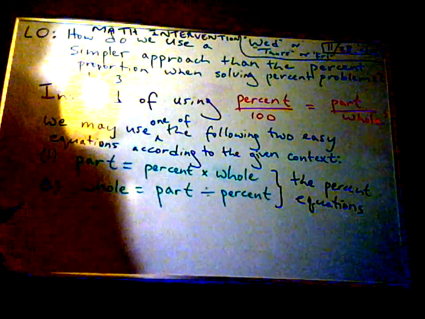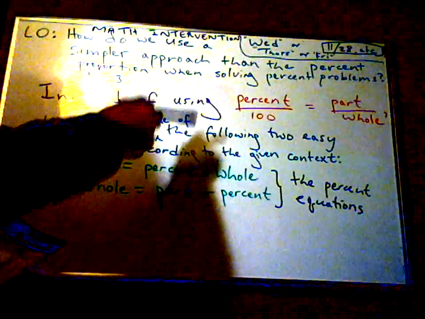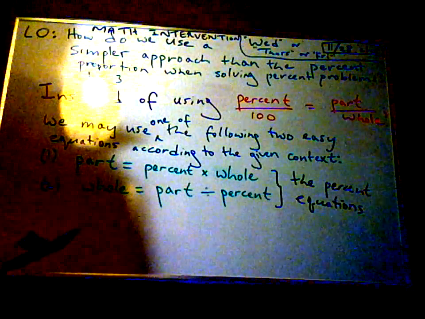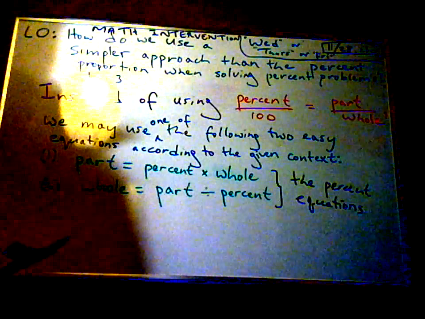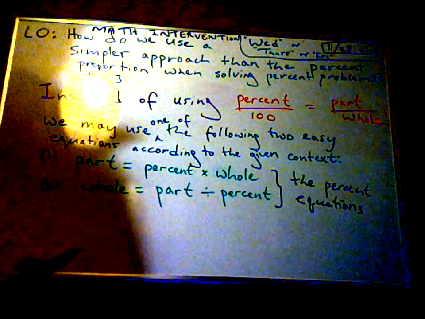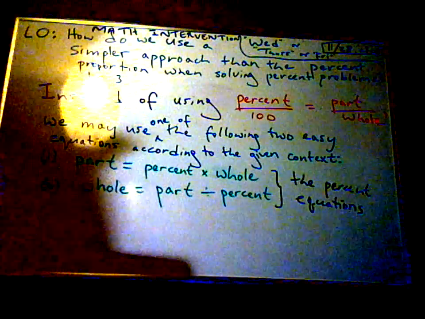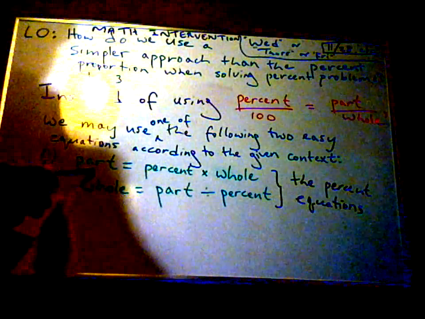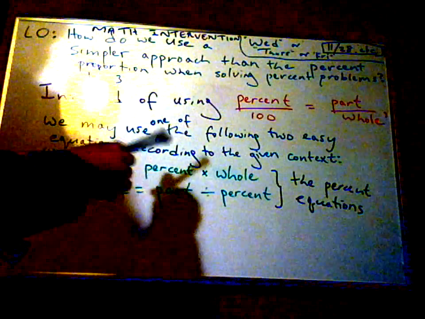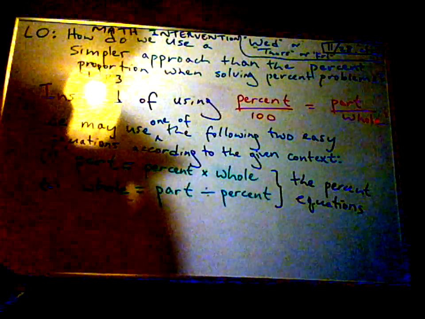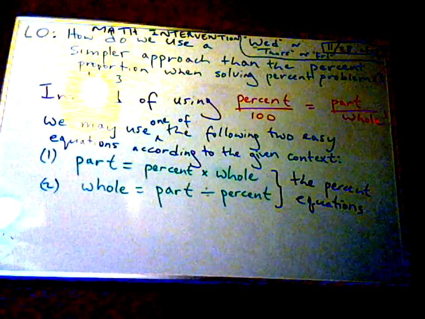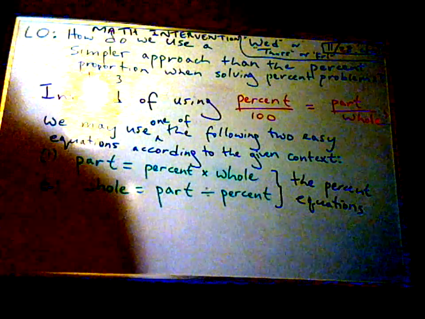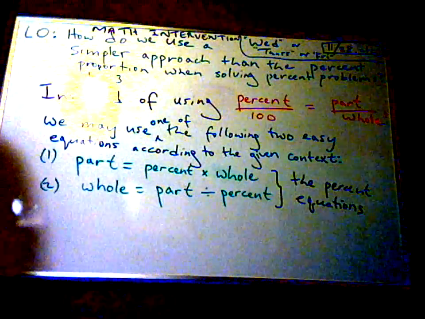Instead of using percent over 100 equals part over whole, we may use one of the following two easy equations according to the given context. These equations are called the percent equations. If we're trying to find a part, we multiply by the percent.